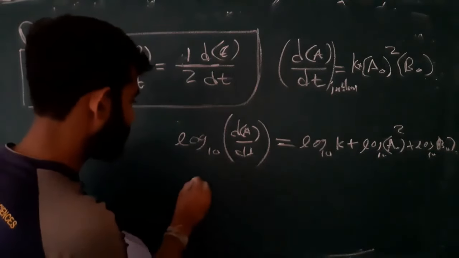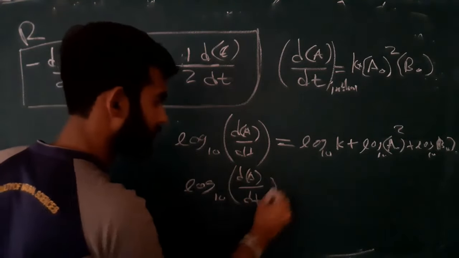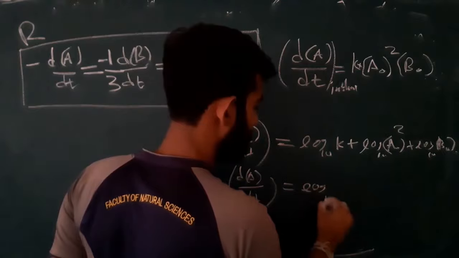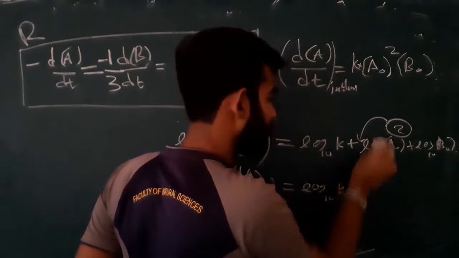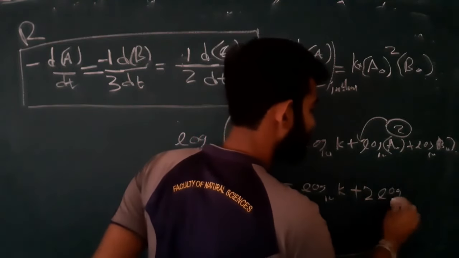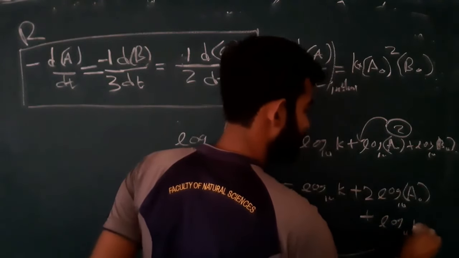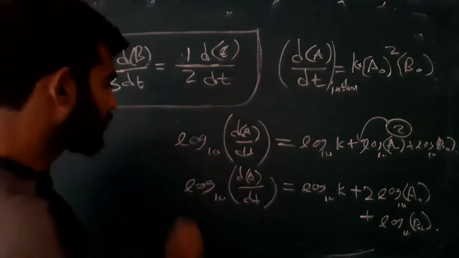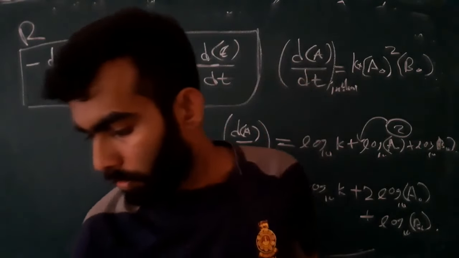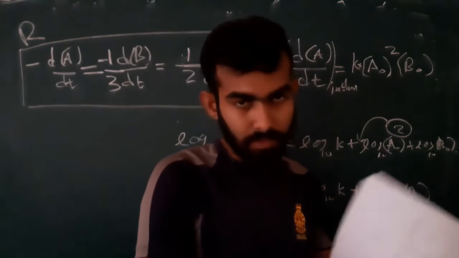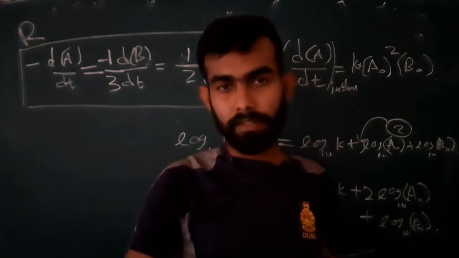We can simplify again: log base 10 of dA over dt equals log base 10 of k plus, here 2 is the power and we can bring it to the front, 2 log base 10 of A naught plus log base 10 of B naught. This is the logarithmic form. So that's the end of that question. Go through these questions and good luck for your final examination. And this is the end of this discussion session.